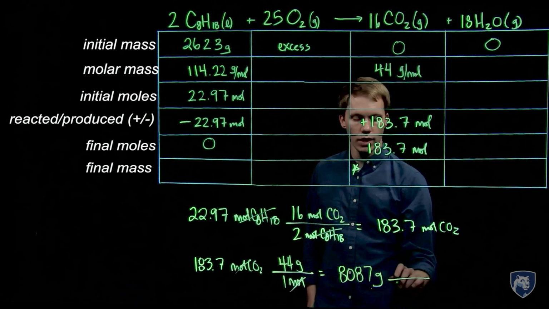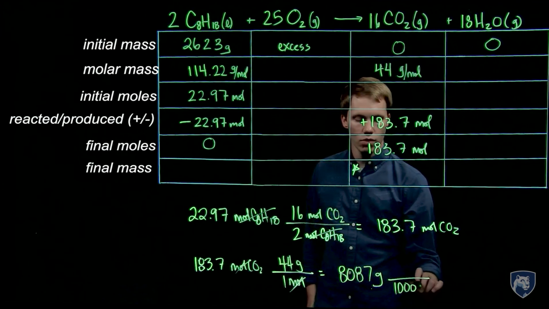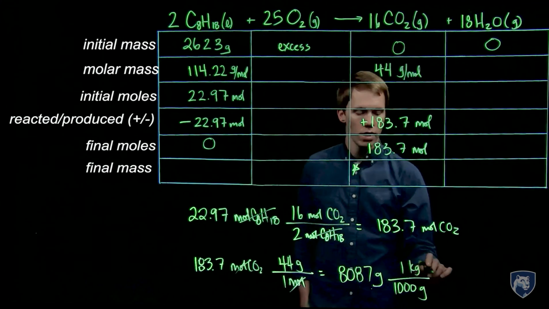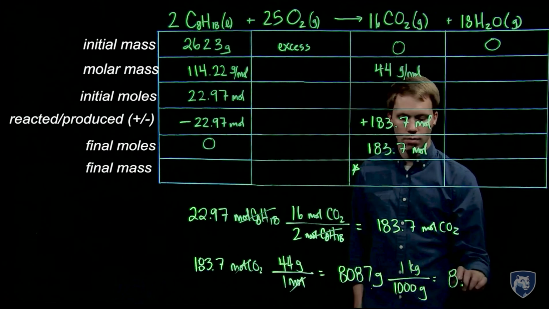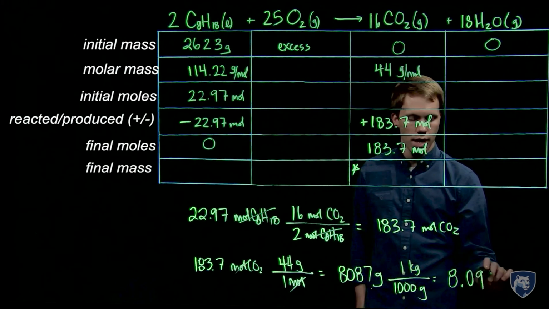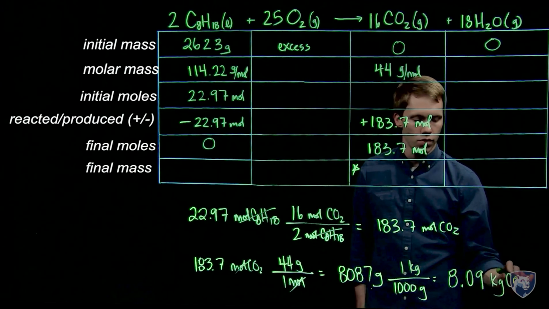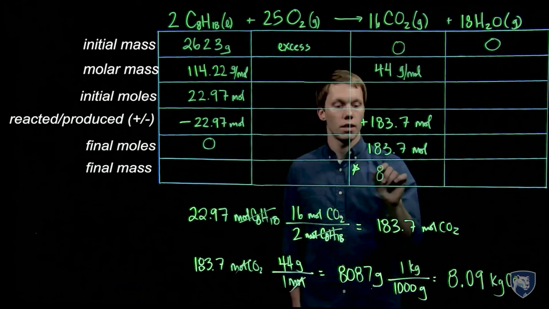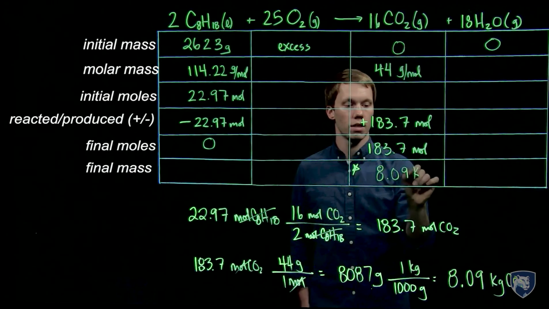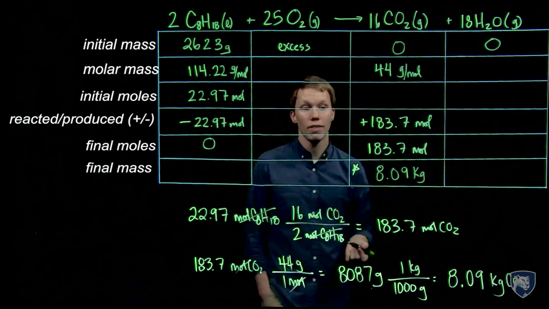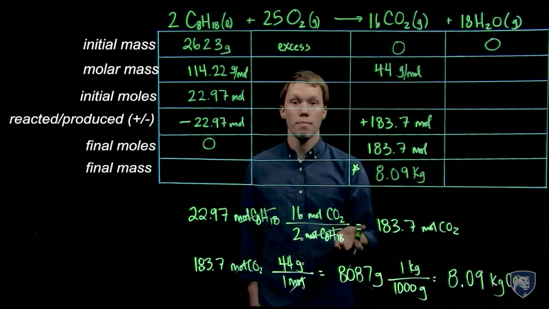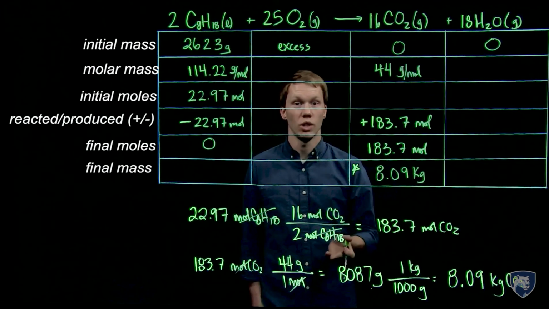And then to go to kilograms, there are 1,000 grams in 1 kilogram, so we get 8.09 kilograms of CO2. So that's a pretty significant amount. That's about 16 pounds of CO2.